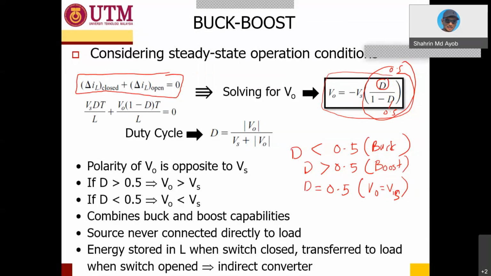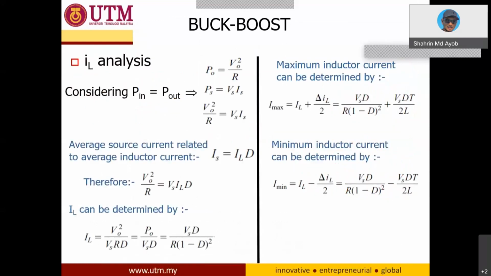So actually for the buck boost converters, the main key player is the inductor. The analysis for the IL is actually the same.